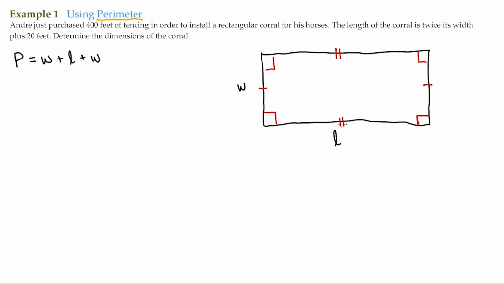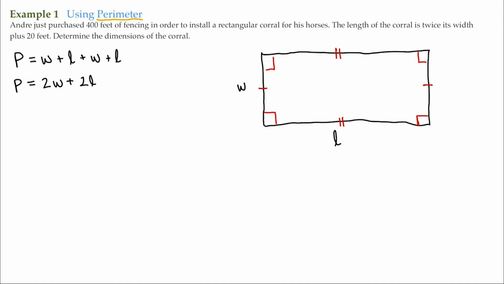And then, of course, I would add that to the measure of this length right here. We could then summarize this: the perimeter is equal to two widths, 2W, plus two lengths, 2L. So this equation right here generalizes the perimeter of a rectangle.